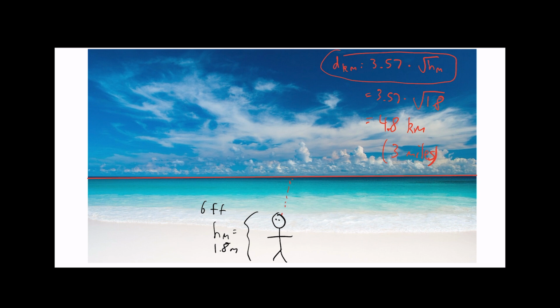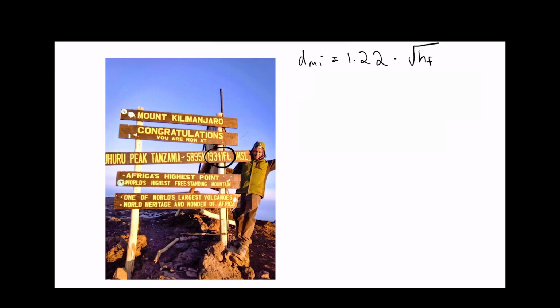Now, if you're more comfortable working in feet and miles, that is perfectly fine. And you can just rewrite the equation we had before, but in miles and feet. And if you do all the conversions, it works out to 1.22 times the square root of the height of the observer's eyes in feet.